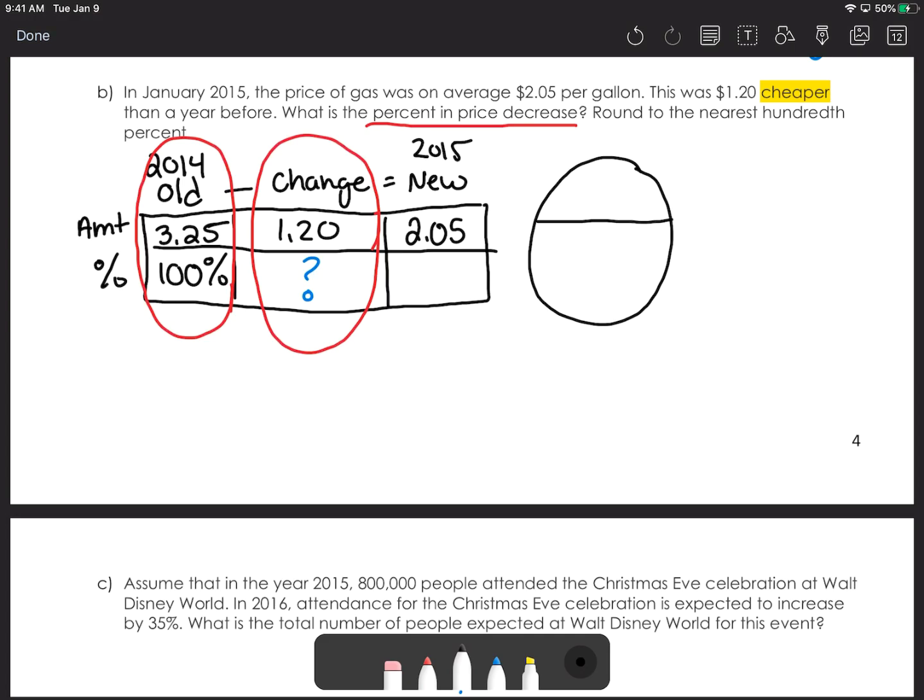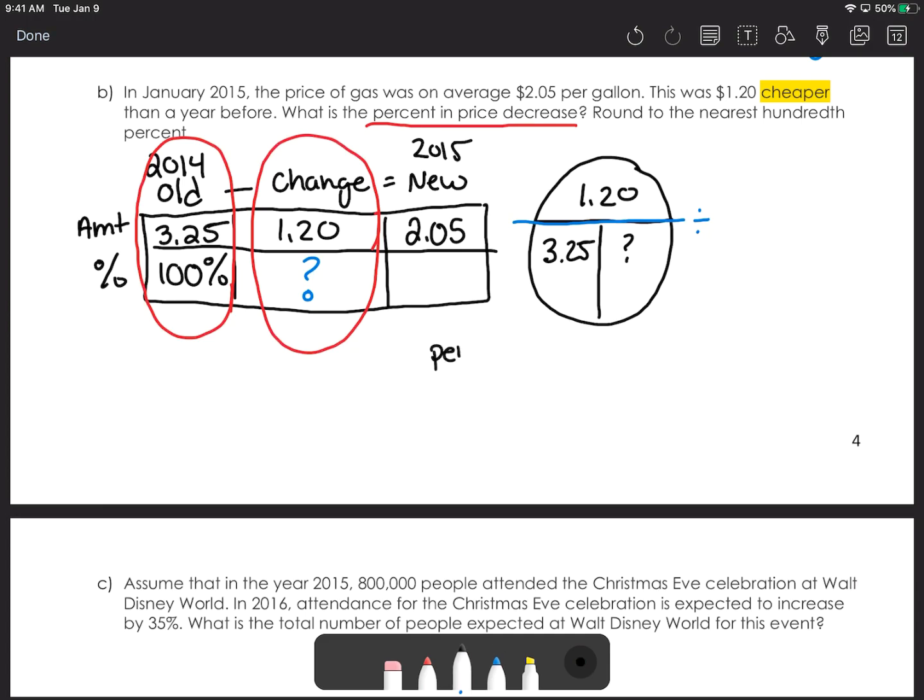I'm going to put my change, my base, and the rate of change is what we're looking for. Since what we know is being separated by the division line, I'm going to divide to find the percent change.